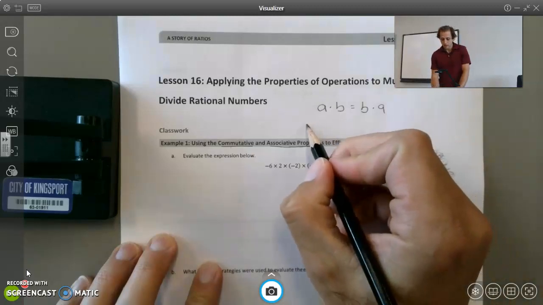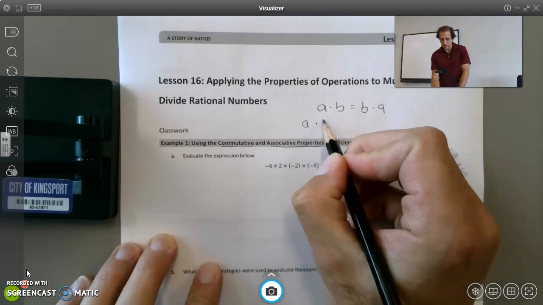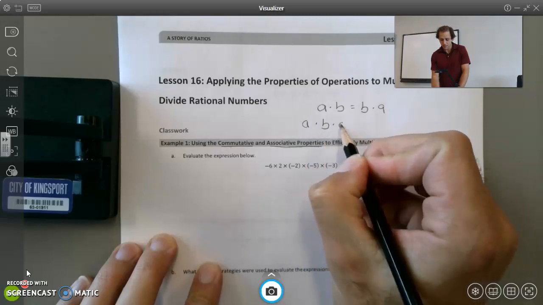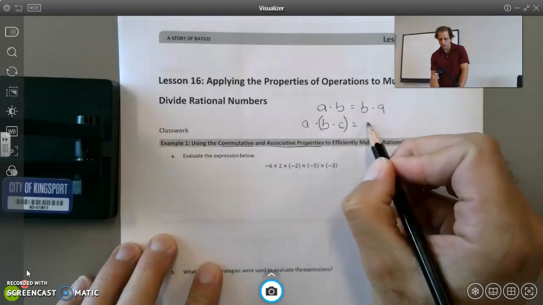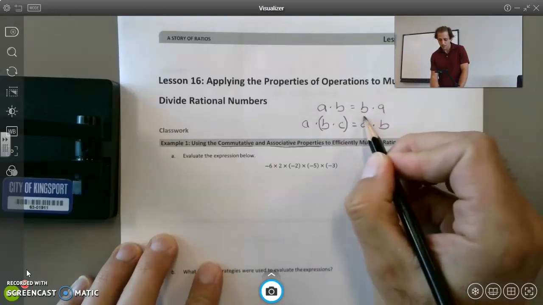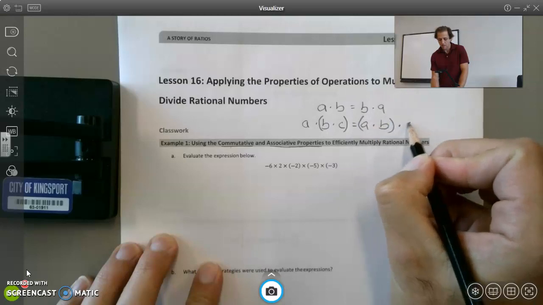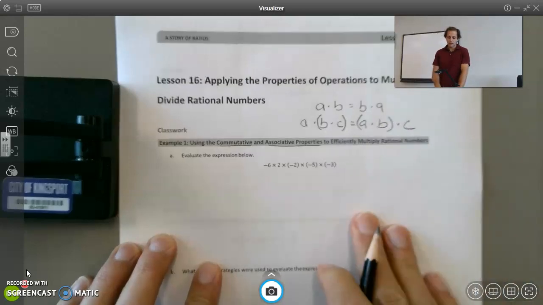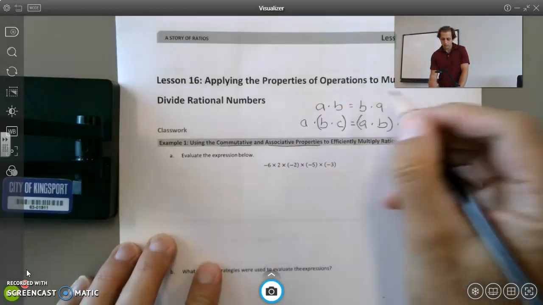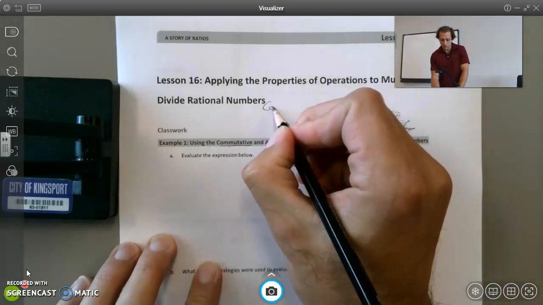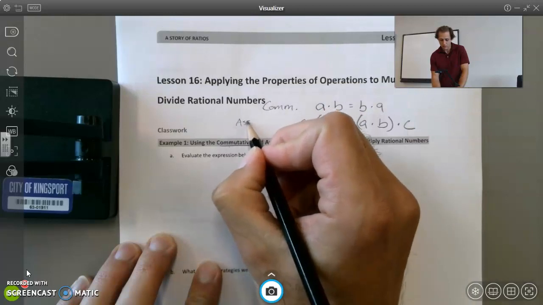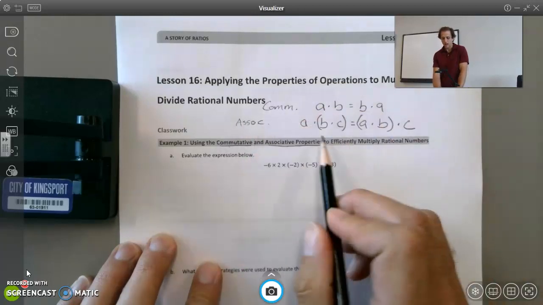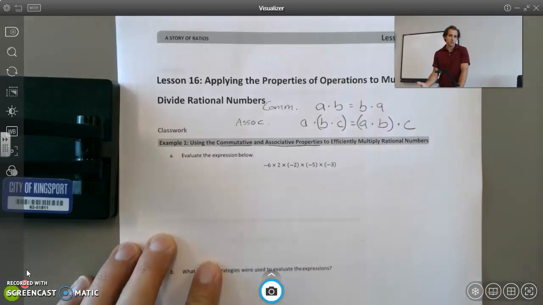The associative is the idea that A times B times C, if I put B and C in parentheses, is the same as A times B times C. This just means commutative means that I can move the numbers in any order, and associative means that I can multiply any two together that I choose.